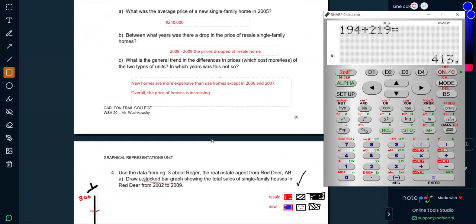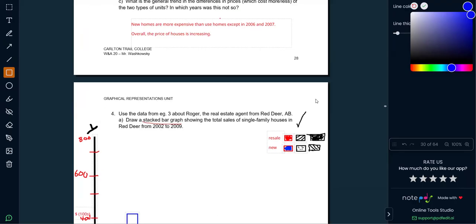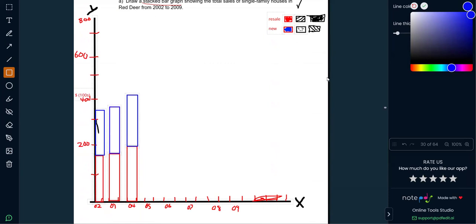Which goes up to 413. So try and do the other ones here by yourself. So this here is 400, this is 500, 450, 425, about right here. Try and do the other ones yourself here. Pause the video, try it out. I'm going to resume in 3, in 2, in 1.